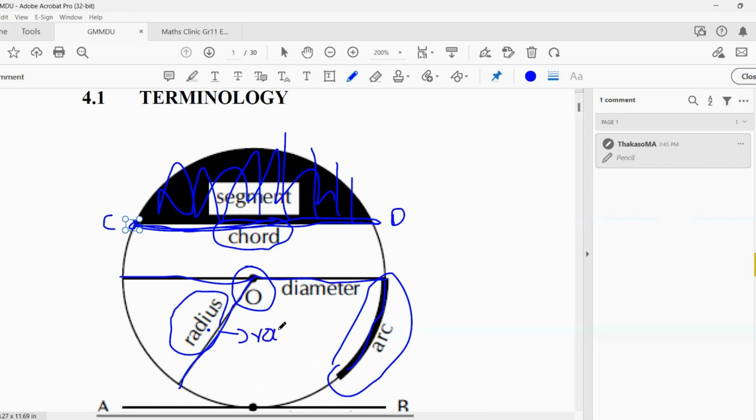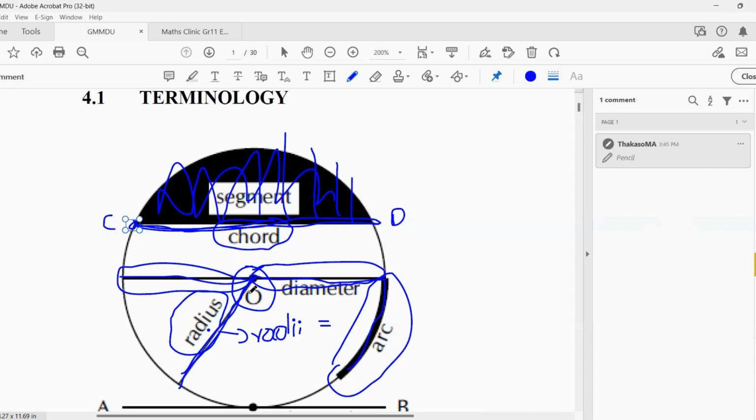What we should know about the radii of a circle, just remember radii means more than one radius, is that the radii of the circle are all equal. So this line is equal to this line, which is also equal to this line. We need that knowledge a lot.